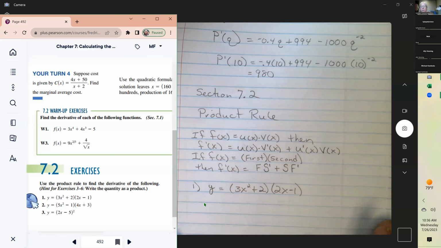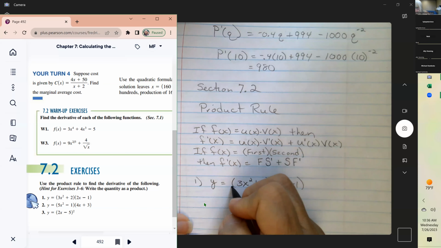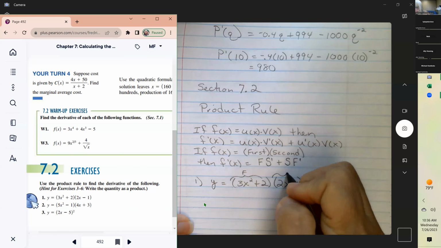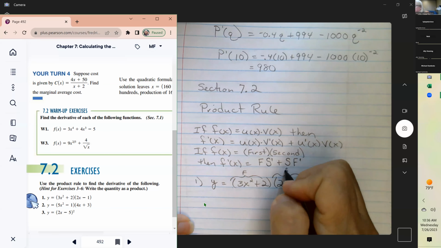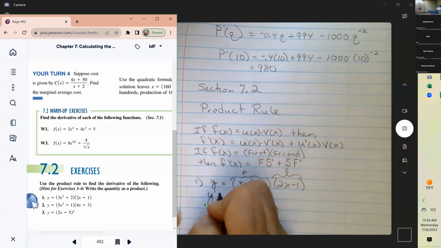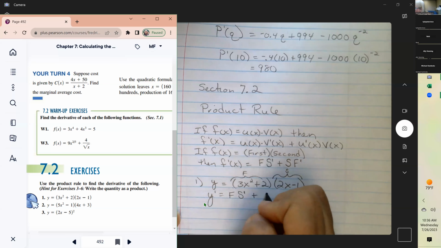If we look at this and we want to use the product rule, this is our first. And this is our second. First times the derivative of the second plus the second times the derivative of the first.